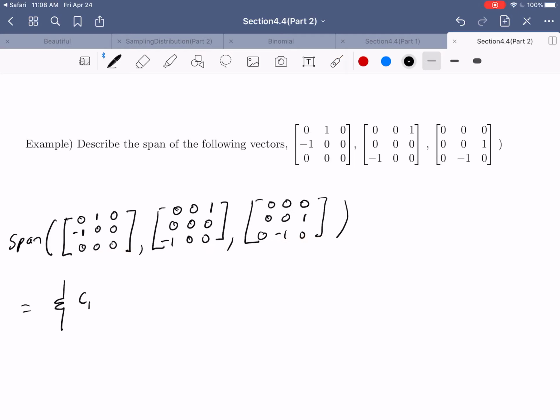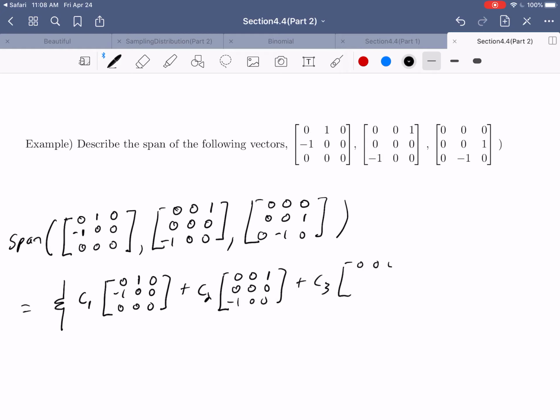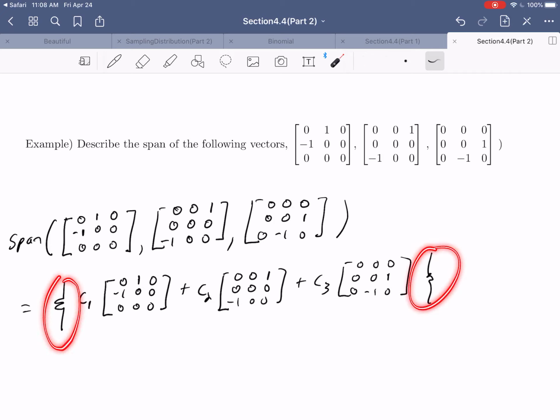So it would look like anything that can be written as C1 times the first one plus C2 times the second one plus C3 times the third one. And these are just brackets to represent that this is a set, right? It's not just a single element. It's a set of all things that look like this.